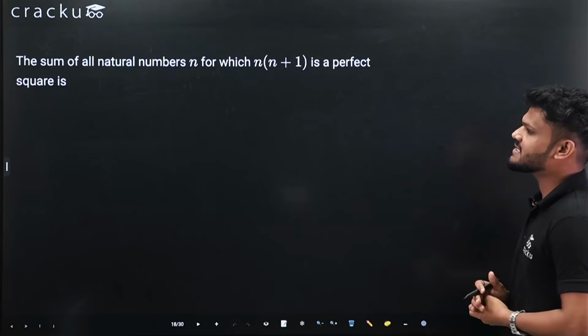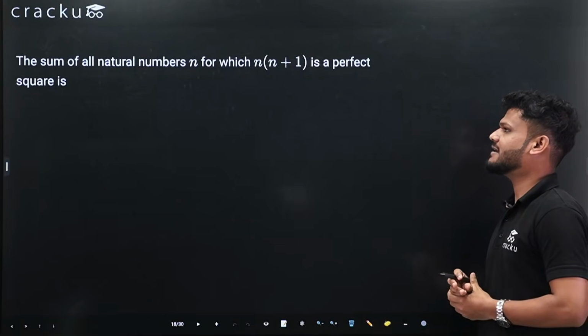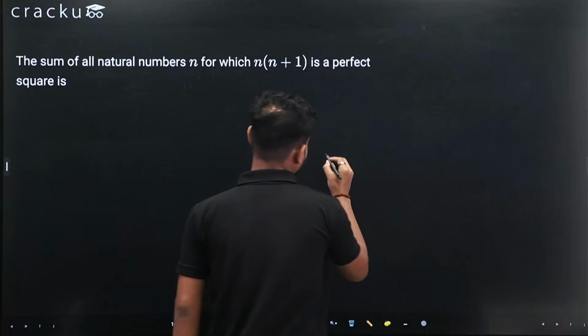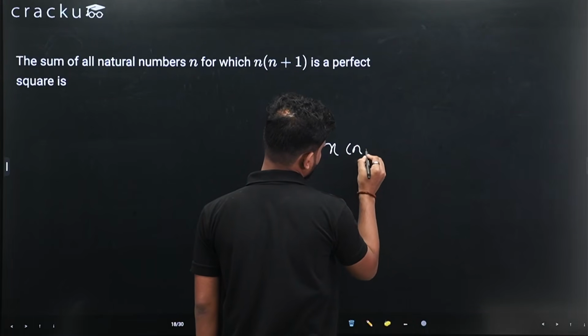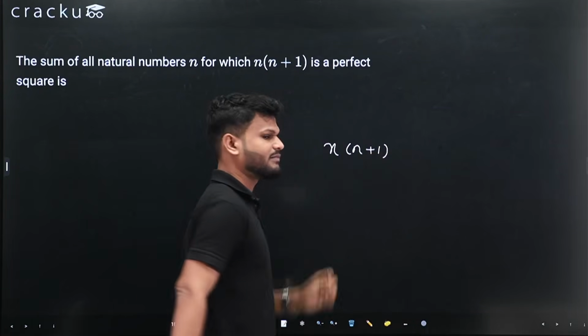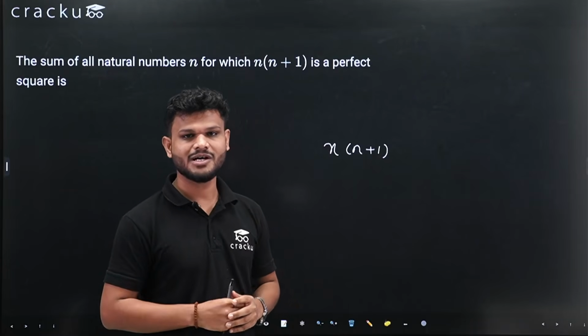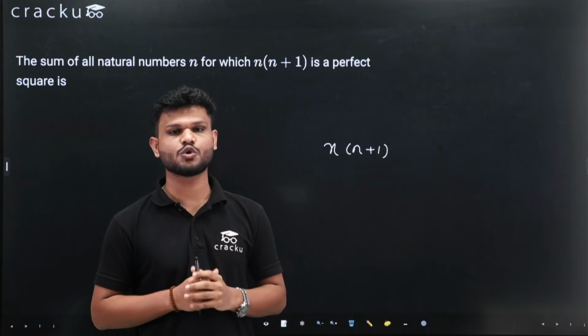In this question we are asked the sum of all natural numbers n for which n into n plus 1 is a perfect square. Now if you see, n into n plus 1 is a perfect square. n and n plus 1 don't have any factor in common because consecutive integers are always co-prime.